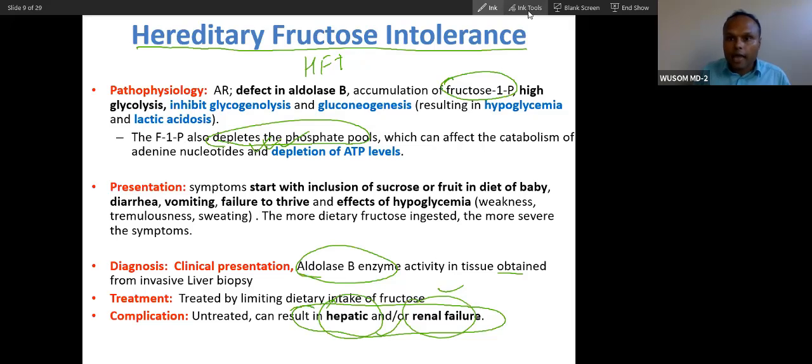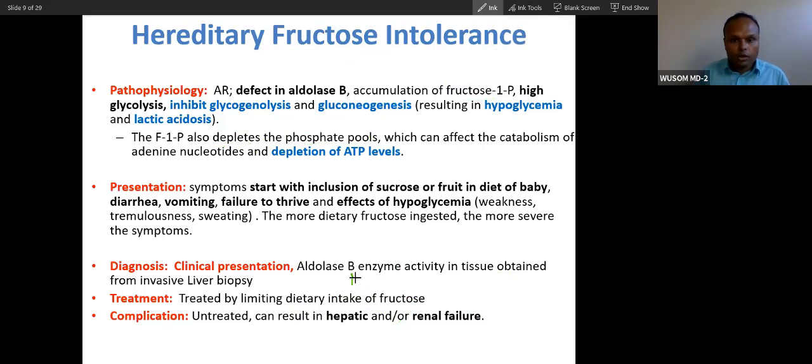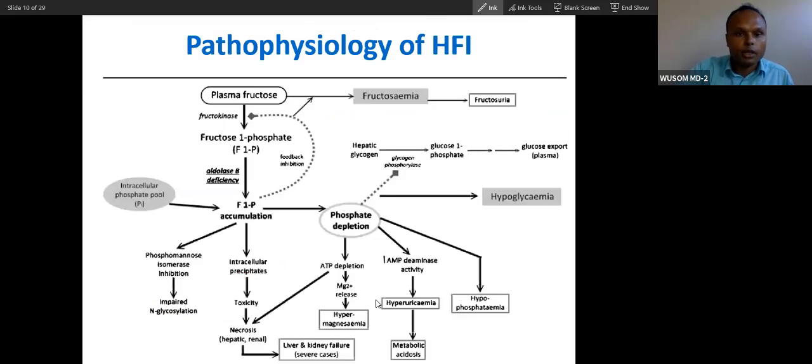So the diagnosis is the treatment here. You diagnose, and it is treated. No money is spent on treatment. That is why in some genetic disorders, early diagnosis is very, very important. Diagnosis is treatment. So you can see here, phosphate depletion is the cause of all the problems.